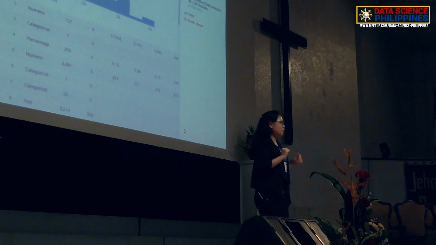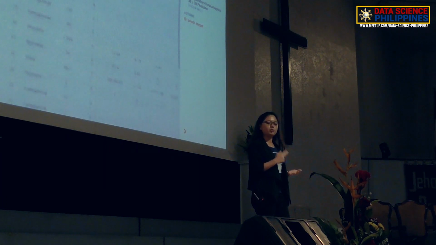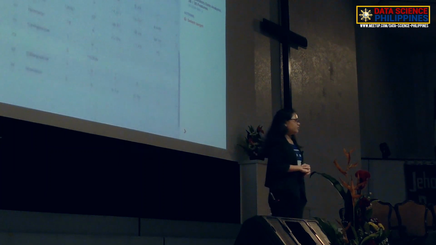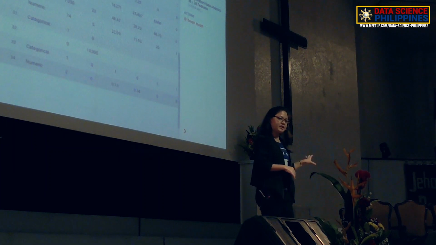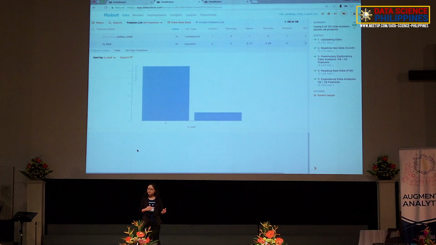Okay, so for us, what we need to tell DataRobot is what is the thing that we want to predict. Like I was saying, DataRobot learns from a historical data set, which means that we have a column indicating whether the loan is a bad loan or not.